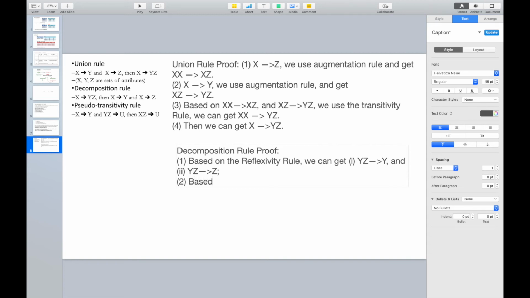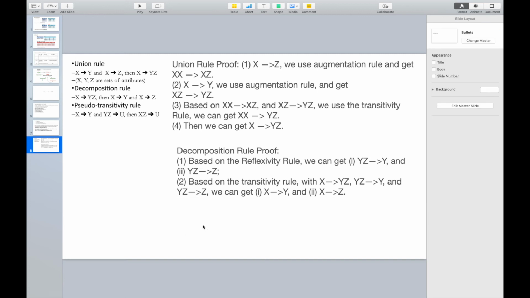Then, based on the transitivity rule, from X implies YZ and YZ implies Y, and YZ implies Z, we can get X implies Y and X implies Z. So the decomposition rule can be proved based on both the reflexivity rule together with the transitivity rule.